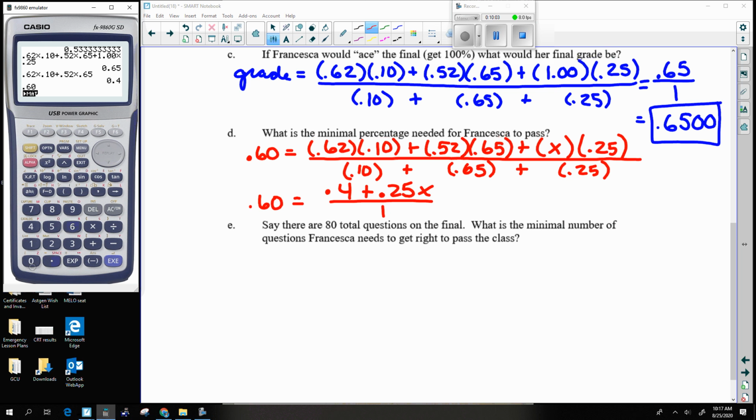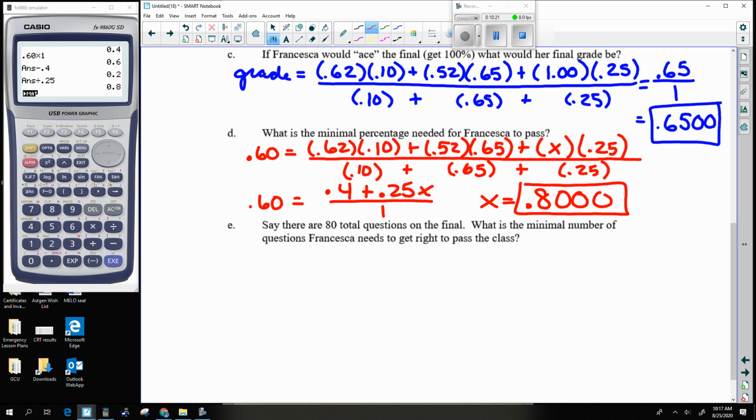Okay, so we start with 60%, we multiply out the denominator, subtract the constant, and divide by the coefficient. Okay, so that's 80%.